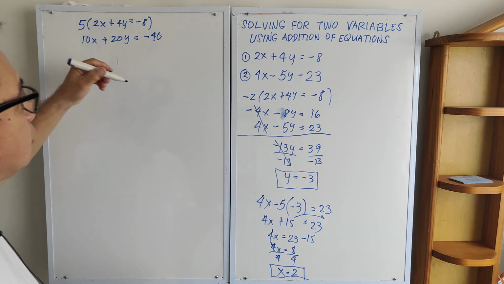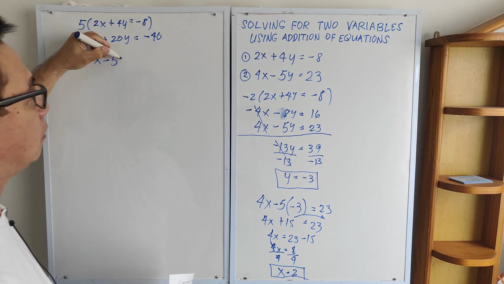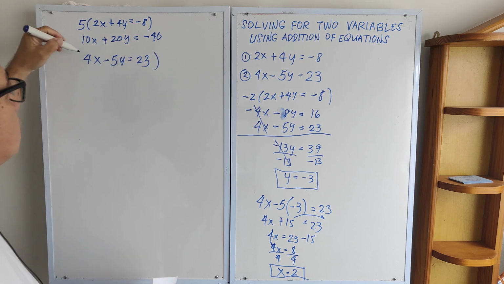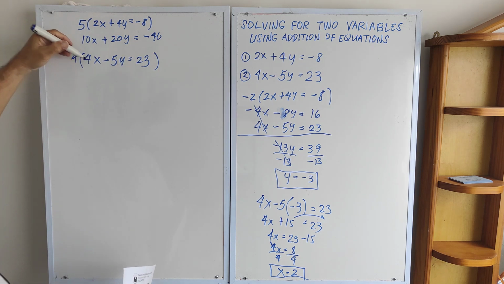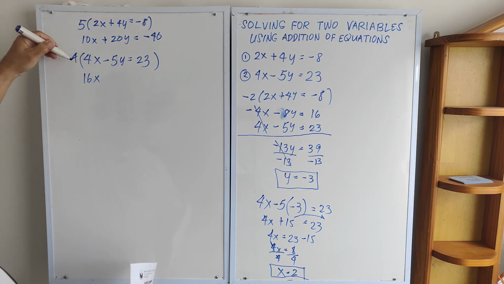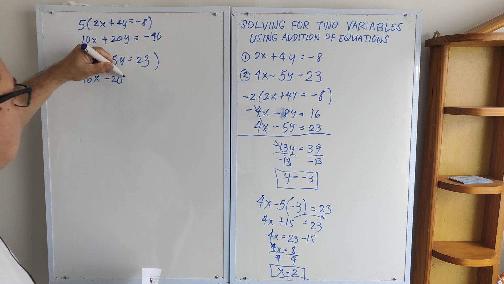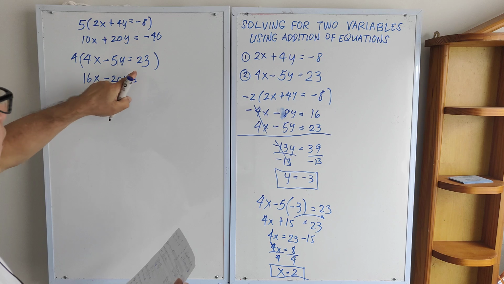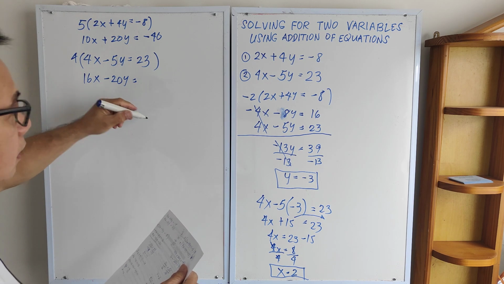Now in the second equation, 4x minus 5y is equal to 23, we multiply this by 4. So 4 times 4x is 16x, 4 times negative 5 is negative 20y, and 4 times 23 is 92.